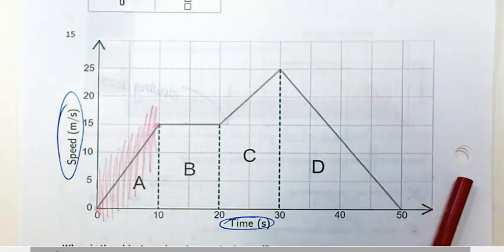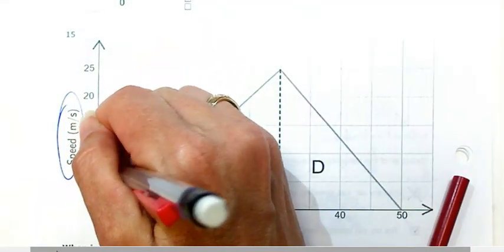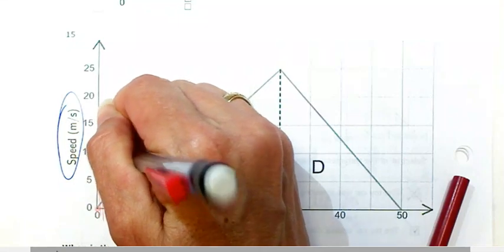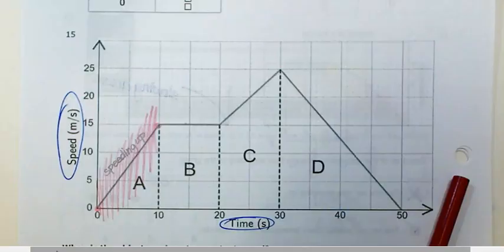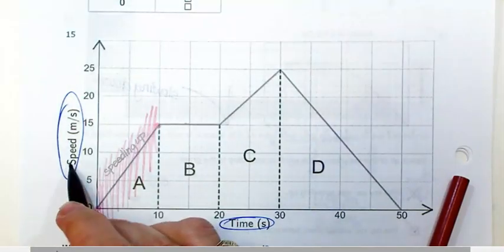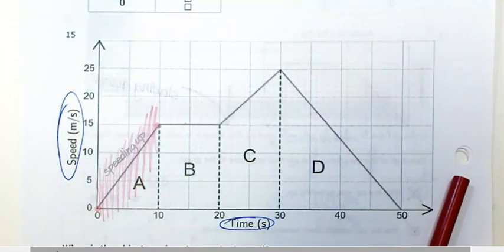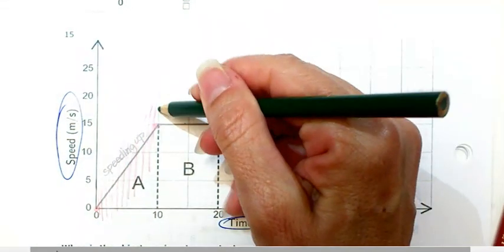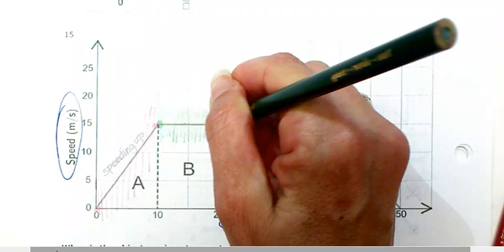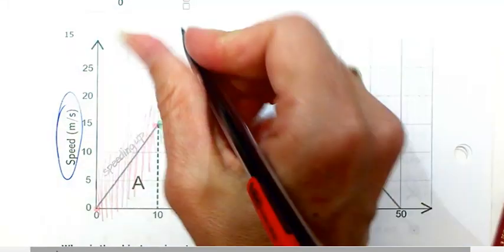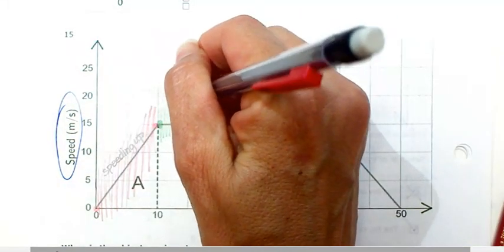So during that interval, it was speeding up. Because again, this is not a distance versus time graph. This is a speed versus time graph. In the next interval, interval B, it started at a speed of 15. It ended that interval at a speed of 15. So it was moving at a constant speed or moving at a constant velocity.